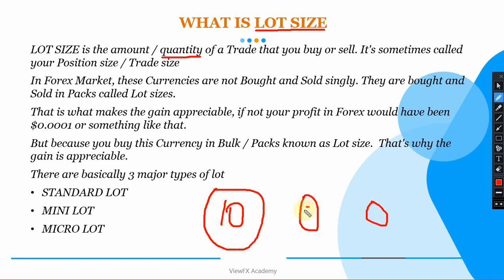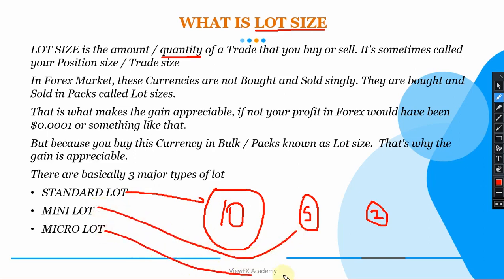Inside here, I can have 5. Inside here, I can have 2. So this big one is represented as the standard. This is the mini, and the micro is this. This is the concept of lot size.